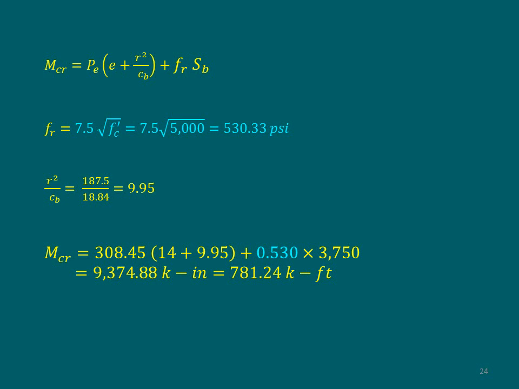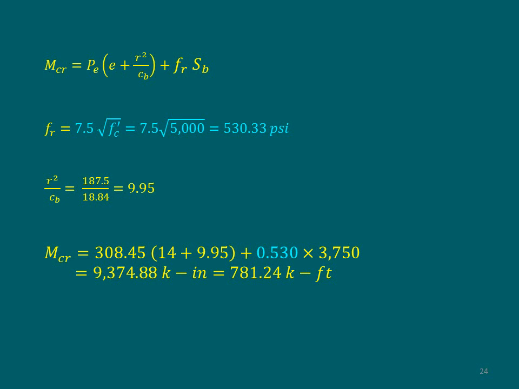To determine the cracking moment, I'm going to be using the equation that we had a few slides ago. This equation relates the cracking moment with the effective pre-stress force, eccentricity of the pre-stress force, beam geometrical properties, and this is included here in r squared divided by c sub b. The cracking stress according to the ACI, the 7.5 square root of f prime c, and the section modulus, which is also the property of the pre-stressed concrete beam section.